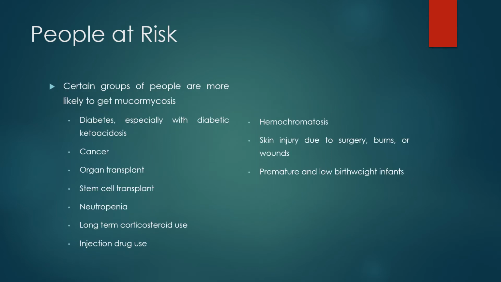Certain groups of people are more likely to get mucormycosis, like those with diabetes, especially with diabetic ketoacidosis, cancer, organ transplant, stem cell transplant, neutropenia, long-term corticosteroid use, injection drug use, hemochromatosis, skin injury due to surgery, burns or wounds, premature and low birth weight infants.